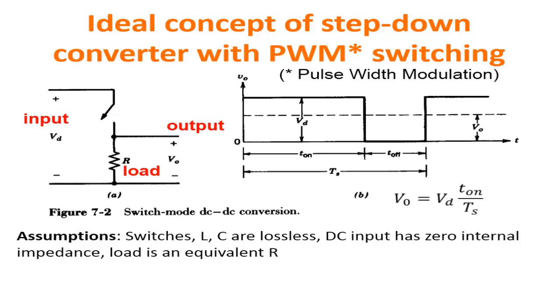The output voltage is VD when the switch is on, and 0 when the switch is off. So if T on is the duration of the portion of the period during which the switch is on, and Ts is the period of the switching cycle, then of course the output voltage is equal to the input voltage times the ratio of T on to Ts.